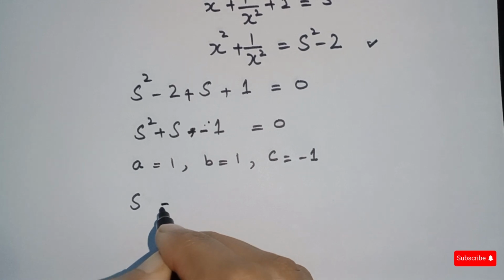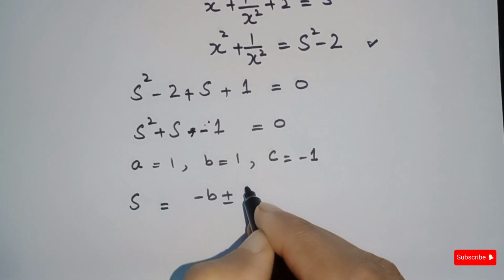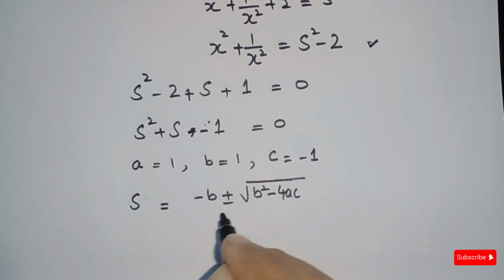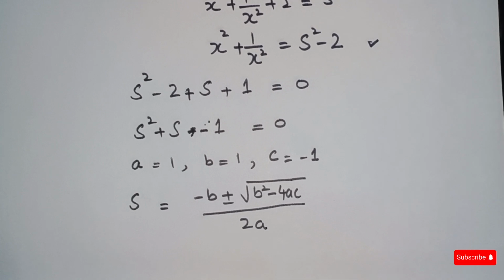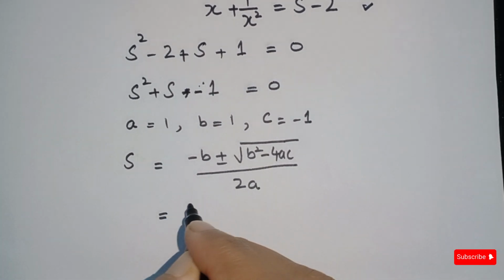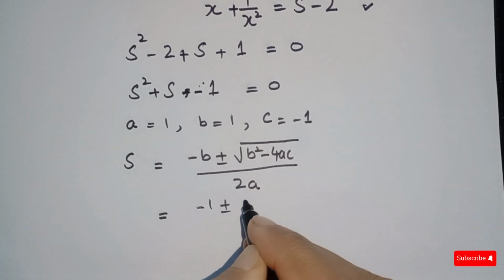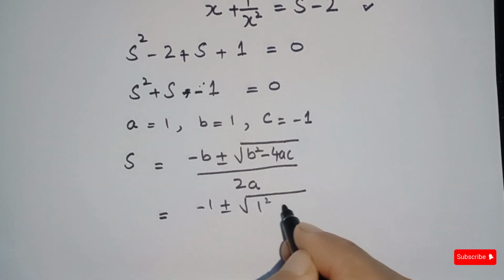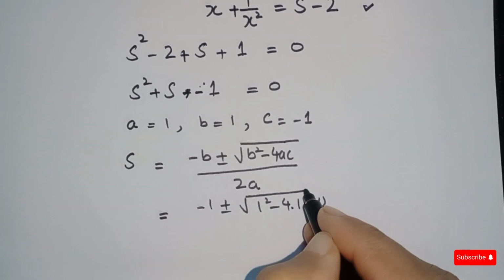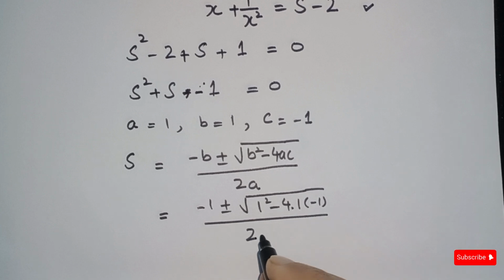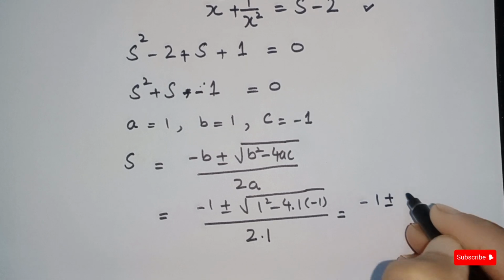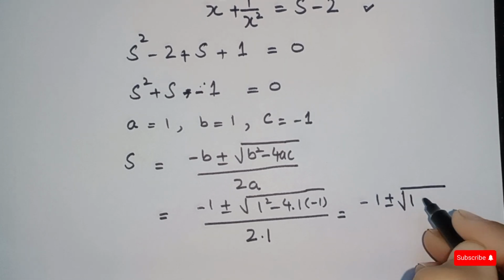So we will use the quadratic formula to calculate the value of s. s is equal to minus b plus or minus square root of b square minus 4ac over 2a. So we will substitute the values: minus 1 plus or minus square root of 1 square minus 4 into 1 into minus 1 over 2 into 1.